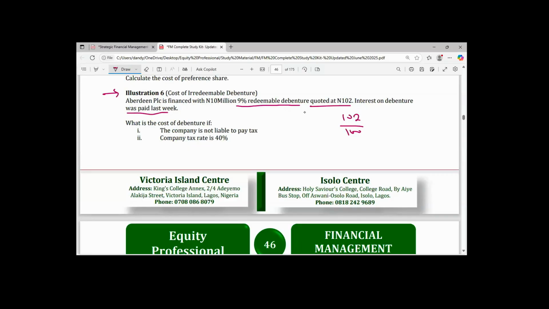Since interest has been paid, this 102 is already the ex-int price, because the debenture interest has been paid. So I'm going to use it directly. I don't need to convert it to ex-int price again. It's already ex-int.